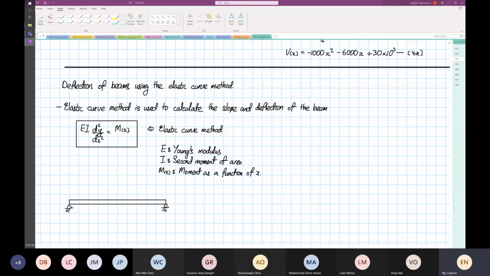It can be any configuration, but for this case we take it as simply supported. Then we're going to have axes. This is your x, and then your vertical, this is going to be your y.